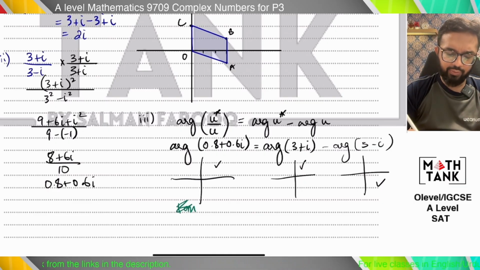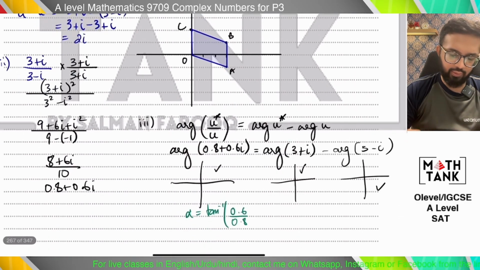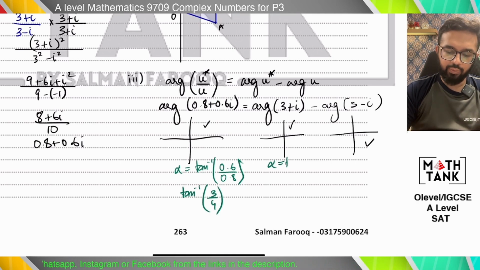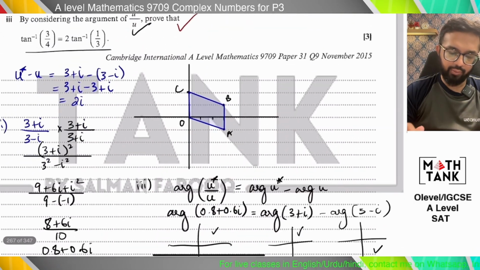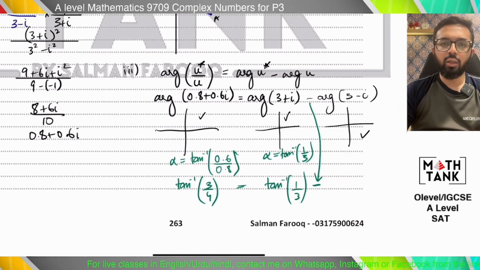Okay, so in quadrant 1 it's going to be simple. My alpha is going to be tan inverse of 0.6 over 0.8. Is that 3 over 4? Yeah. Okay, so my argument comes out as tan inverse of 3 over 4. For this one, the alpha is going to be tan inverse of 1 over 3. It's in quadrant 1. So this also becomes tan inverse of 1 over 3. Okay. Then there's a minus sign because there's a minus sign here.